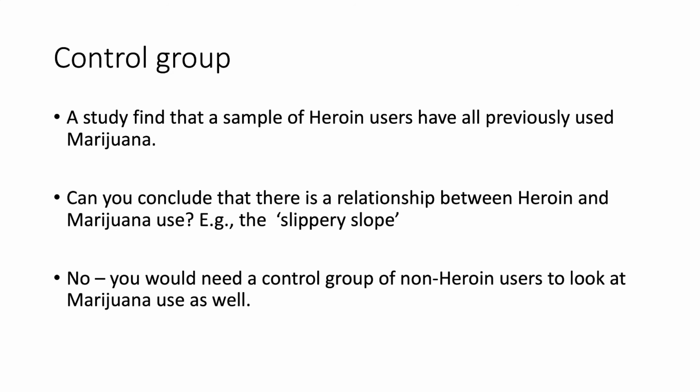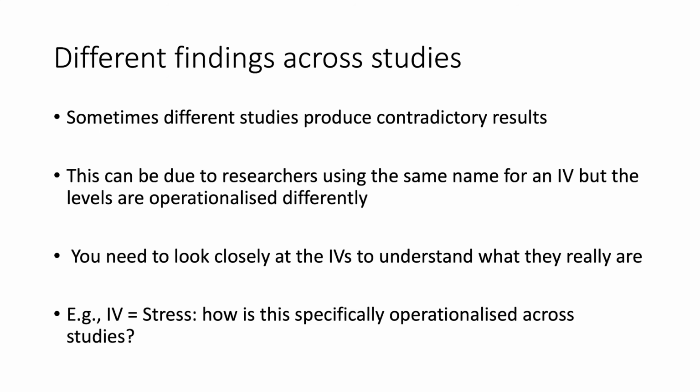And all of them have had a cup of tea before, and then you might think, well, that means that we know that tea might be involved in leading to heroin use. But if you have a control condition, you get some non-heroin users. You ask them if they've had a cup of tea before in their life. They all say yes. Well, then your effect drops away. Suddenly you've got a lot more visibility in seeing what's really going on.